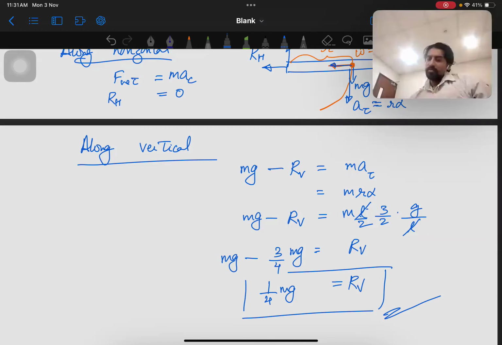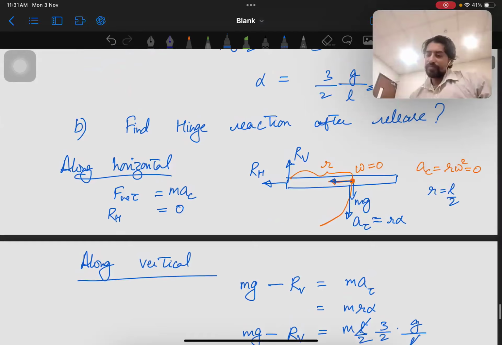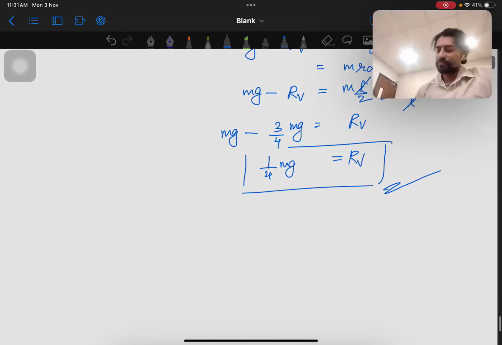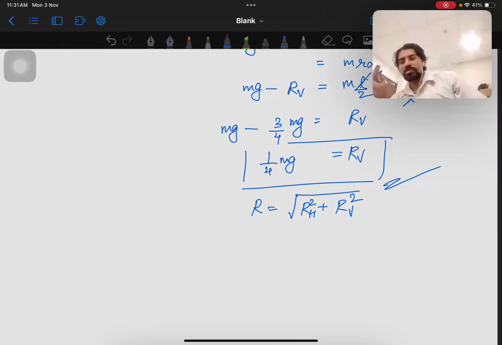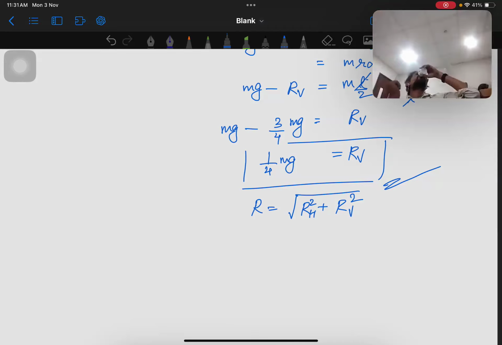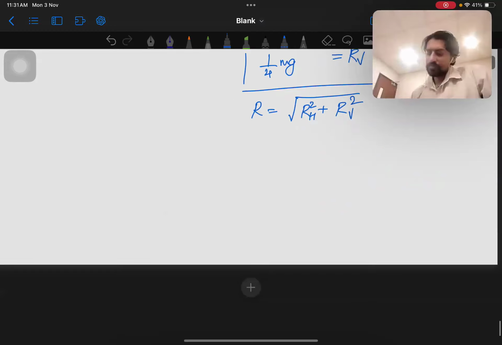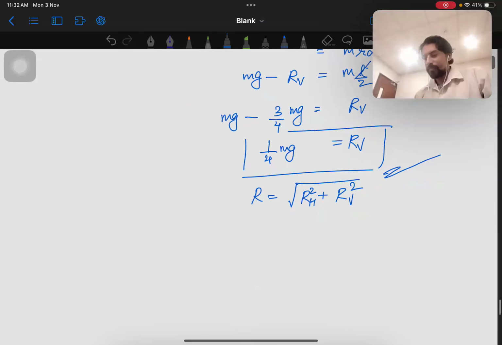So therefore, since RH is 0, the hinge reaction is only RV. If there was a horizontal component, then you'll write the reaction as root of the hinge reaction vertical component square plus the hinge reaction horizontal component square. Fine. Okay. So this was on this one.